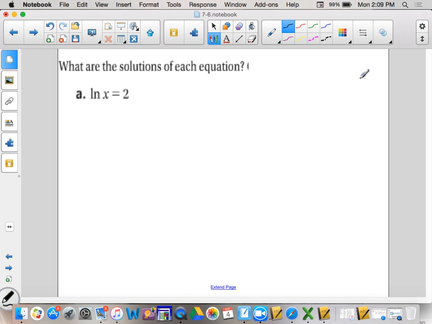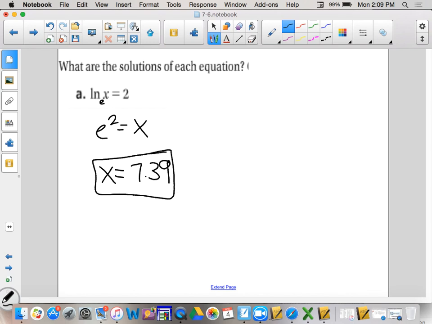So when I take this and write it in exponential form, how's it going to be written? e squared equals x. And what's e squared? That's my answer.